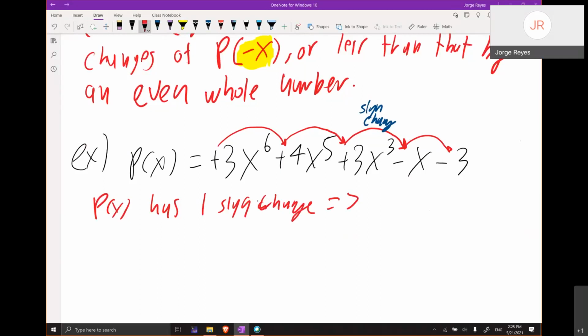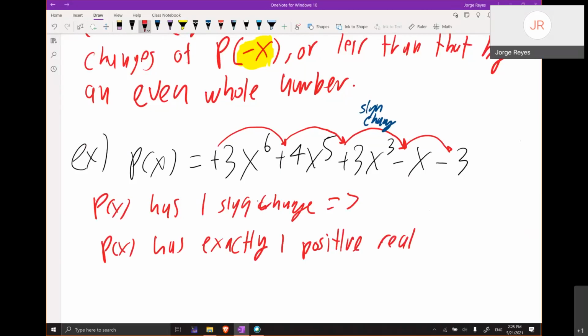All right, which implies P of X has exactly one positive real zero. Okay, and so that's useful because we know that this polynomial has 6 zeros, but only one of them can be positive.